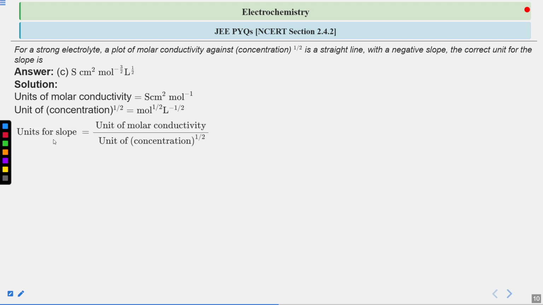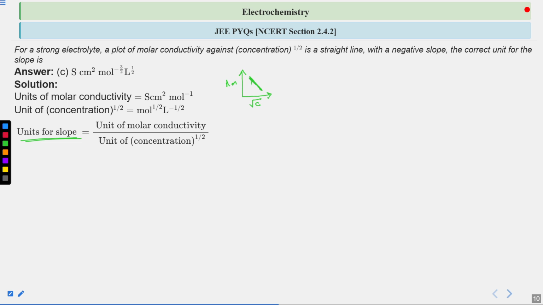Now the unit for slope. So slope, how can we identify the slope? If you know the graph concept, we have a graph with a straight line having a negative slope. So the graph is something like that. Okay. Now slope is defined as, this is the molar conductivity on the y-axis and this is under root c on the x-axis.